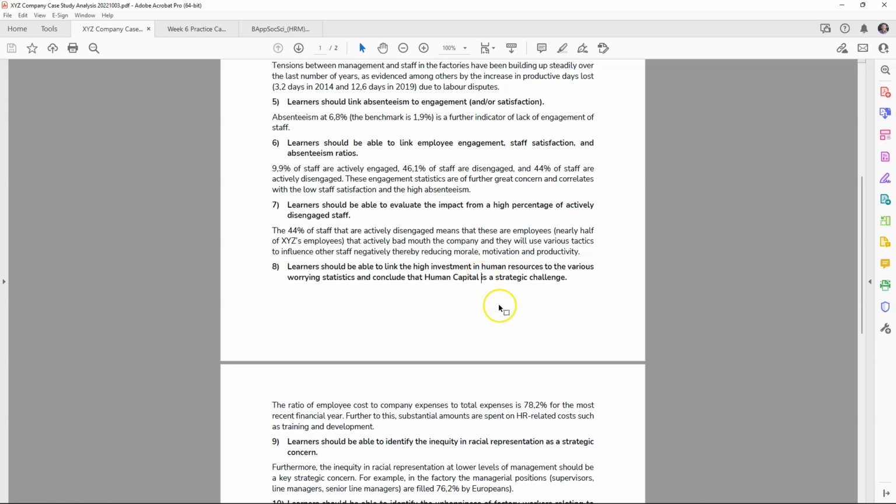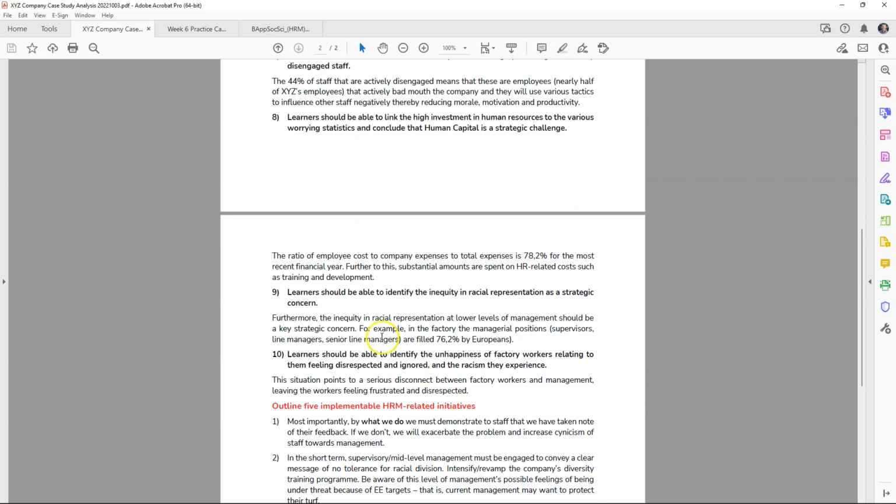It just means that the company's total expenses are dominated by employees because, in this specific company, it's a factory environment and so on. People are such a big strategic issue, which is what that number should indicate to you. We've already mentioned it, but it is further evidence of what a strategic issue the staff are and how you interpret the various statistics, and at this point it will go up to board level in terms of how do we fix this.